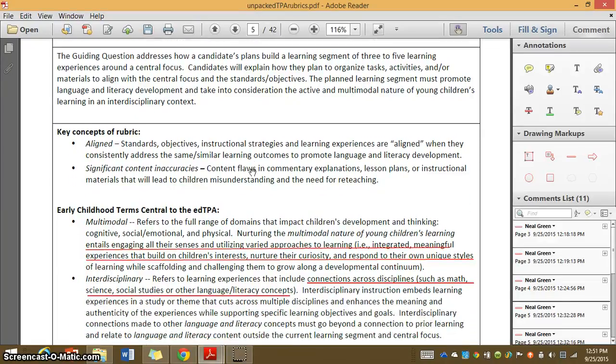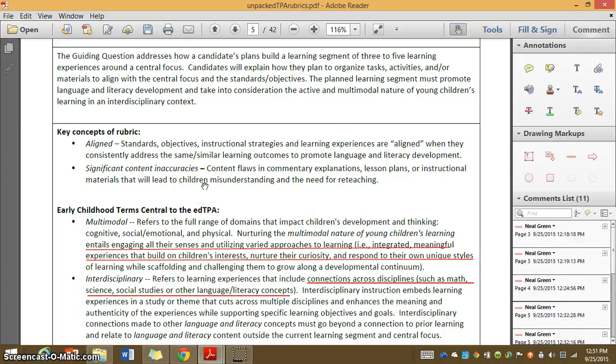So some key concepts: aligned and significant content and accuracy. So aligned, standards, objectives. Are your plans aligned with the state standards and your objectives and strategies? Do they make sense for what you're trying to teach? Okay.